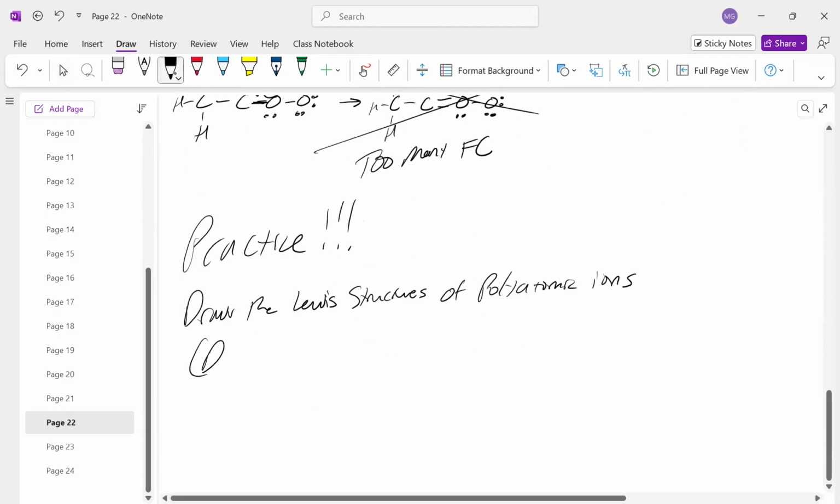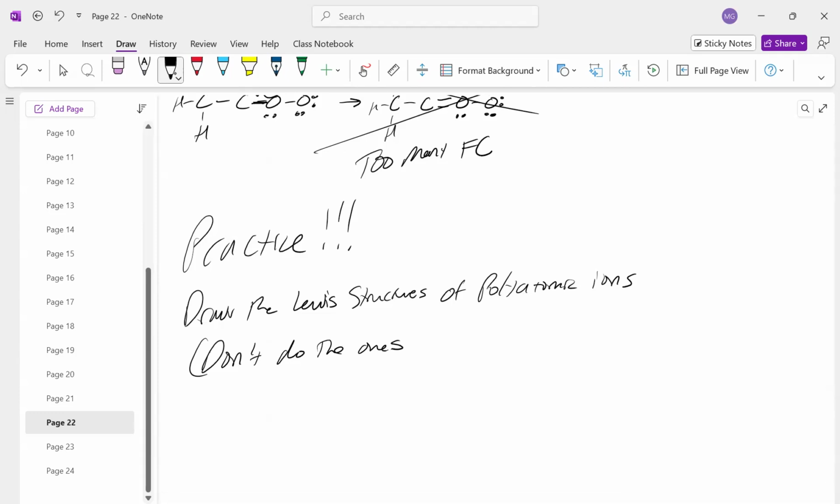I will say don't do the ones that have metals in them, so those are the ones that had chromium or manganese. Those get really, really weird. Just do the ones that have non-metals only in them.